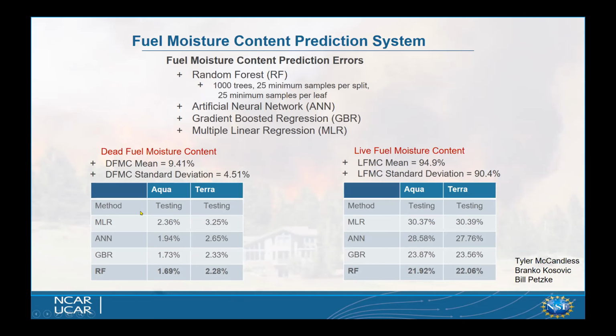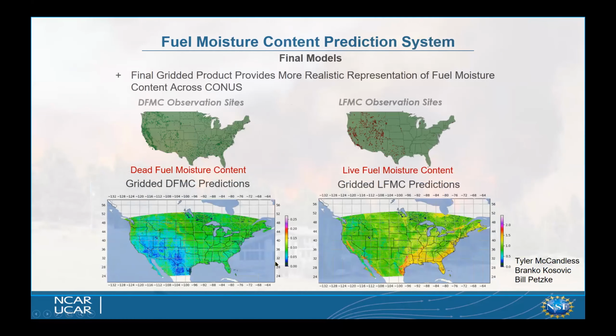For dead fuel moisture, testing each of these methods for error, we find that the random forest does best. We find similarly for live fuel moisture. Live fuel moisture inherently has larger errors, but we're still able to reduce that error through using machine learning, and in particular, the random forest.